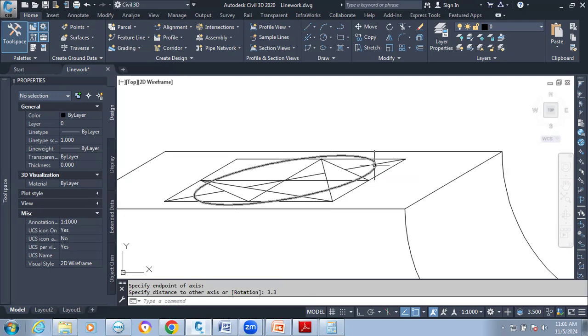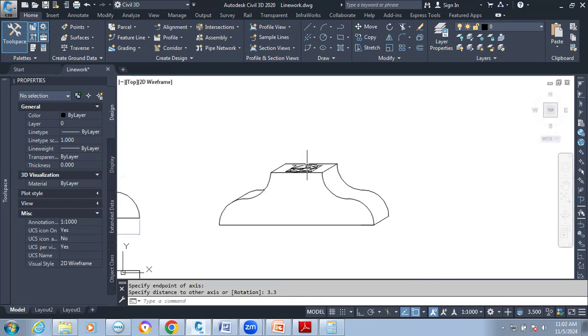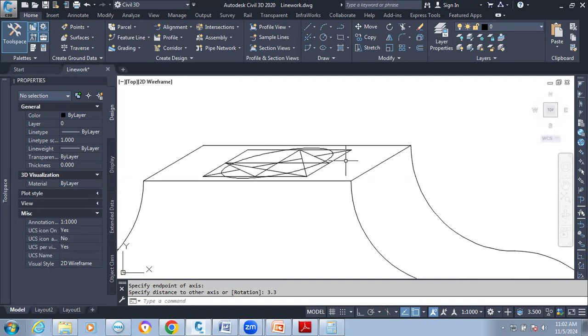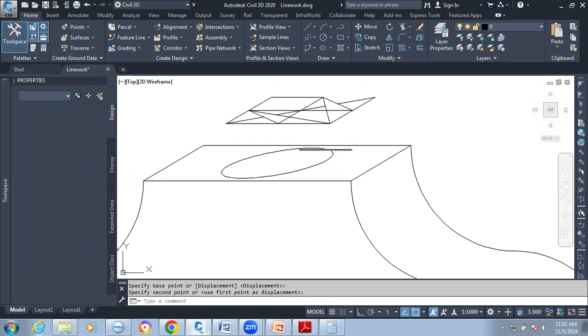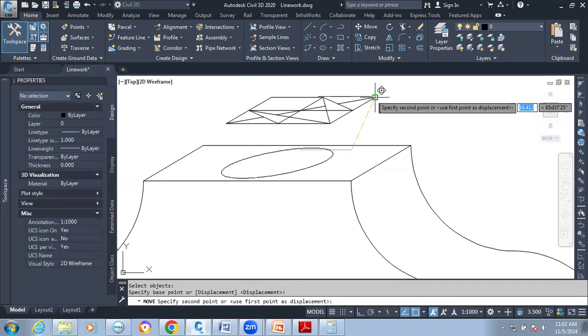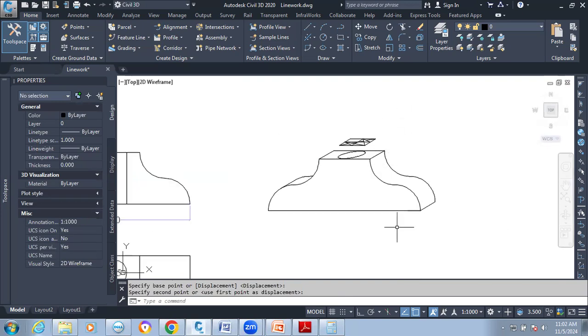So the first thing you pick is the center point up here, and then you type in 3. So it's a kind of near fit ellipse. So that is more or less the procedure for it.